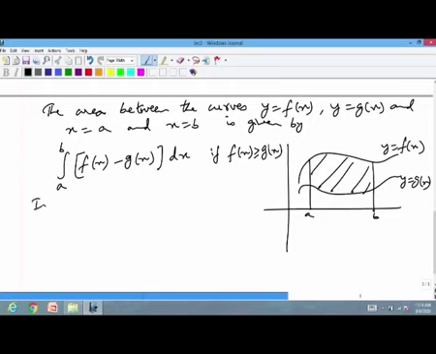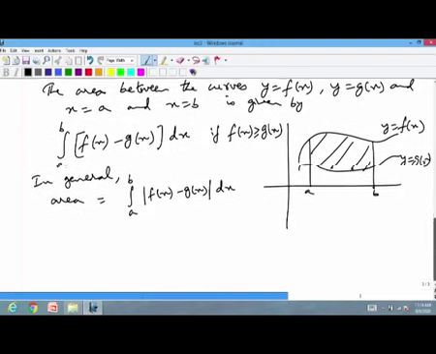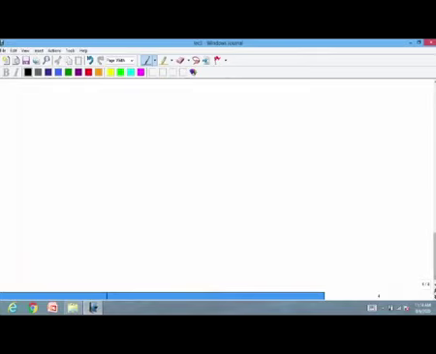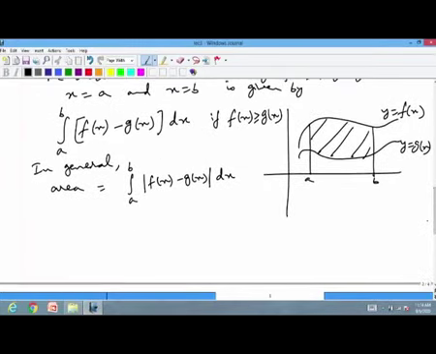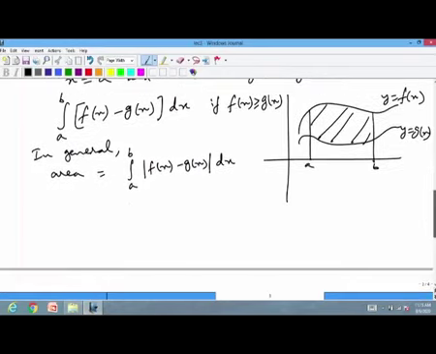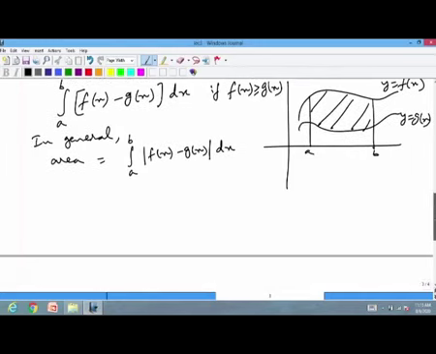In general, this area will be equal to the integral a to b of mod of f x minus g x dx. So, we have to look at the upper curve and lower curve and take the difference and then integrate to find the area. Now, let us look at some problems.